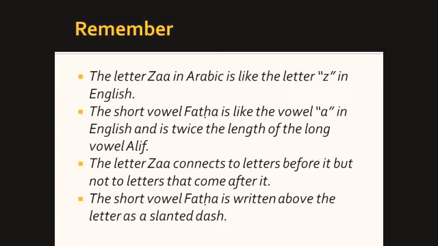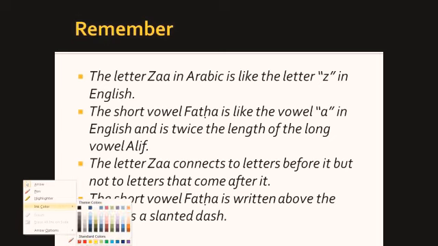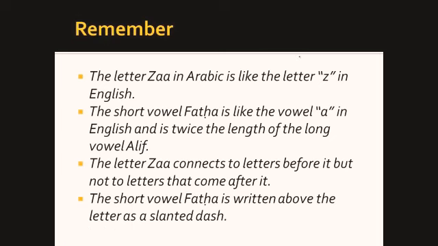Okay, let's recap what we've done so far. Let's change my color again. Now, the letter za in Arabic is like the z in English. That's not too difficult. The short vowel fatha is like the vowel a in English and is half the length of the long vowel alif.